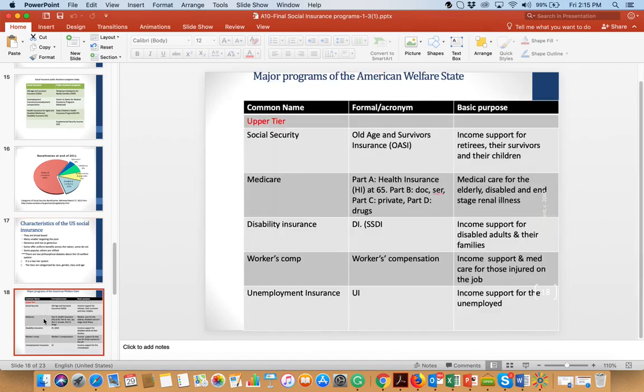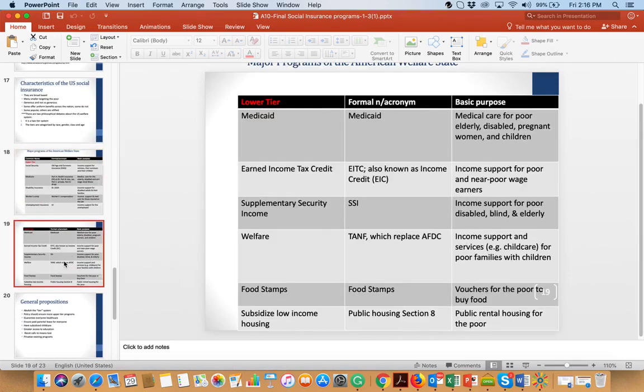These are some of the upper tier programs that are popular, loved, and less stigmatized: Social Security, Medicare, disability insurance, workers' compensation, and unemployment insurance. Those are what would be considered the upper tier programs. The lower tier programs would be Medicaid, the earned income tax credit, Supplemental Security Income, welfare, and food stamps.